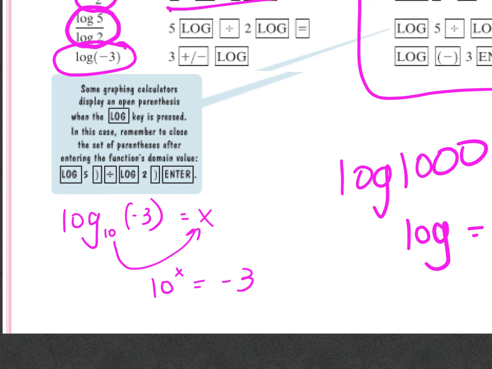Can you ever have the result of a log be a negative number? No. The base will always be positive, and there is no value you can raise it to get it to be negative. So the argument of a log can never be negative.